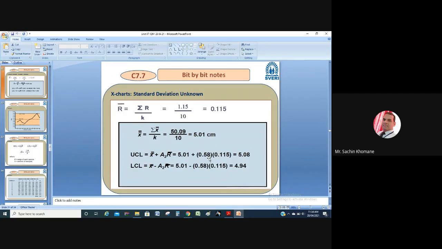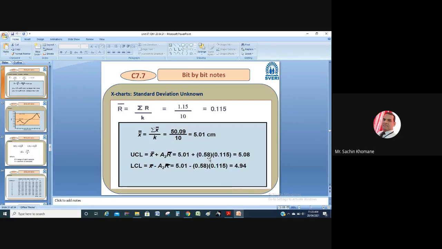Now just make the calculation. X double bar, all of us know, is 5.01, plus the A2 value, round figure 0.58, times the R bar which we calculated above, 0.115. Now you will get UCL. Just see, is it correct?